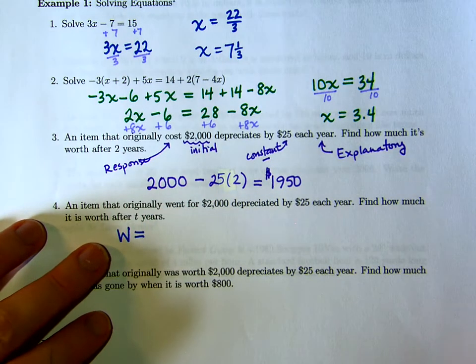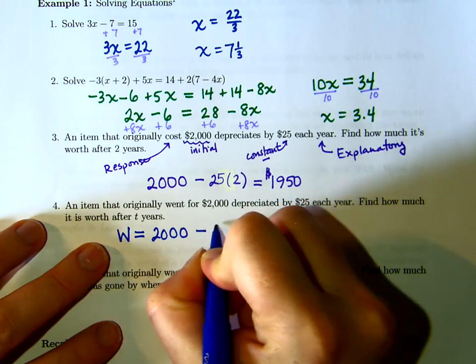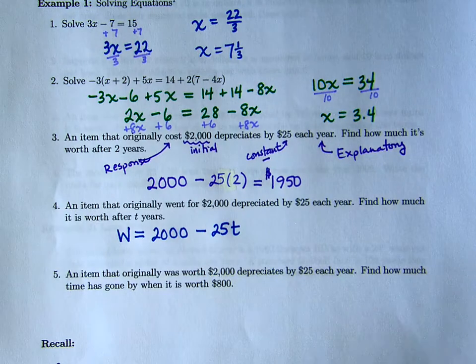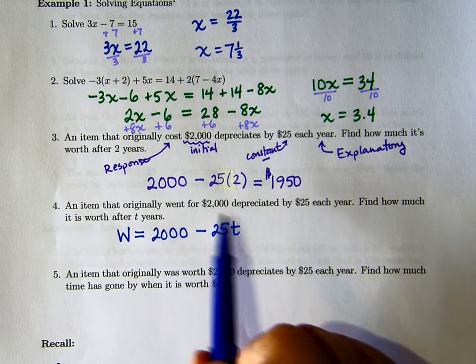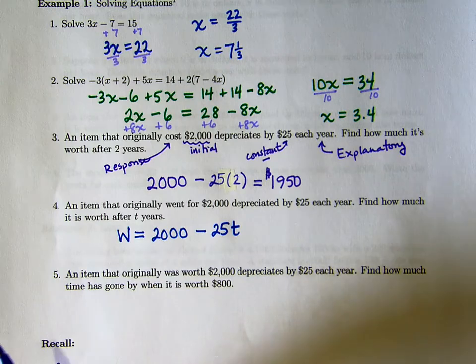The worth is equal to initially $2,000, but we would take away 25 t times. So take away 25 for each year that passes. This is how we would find out what it's worth after t years.